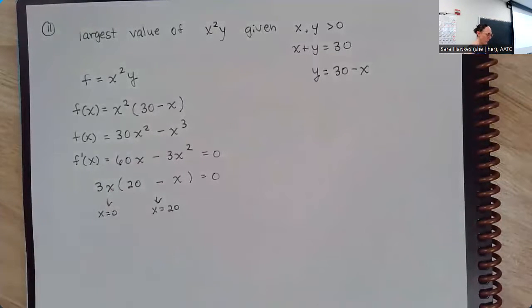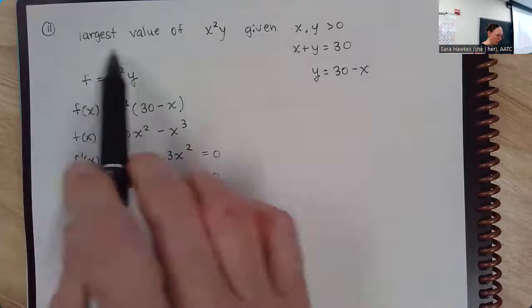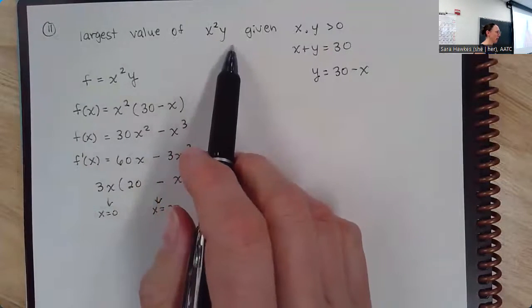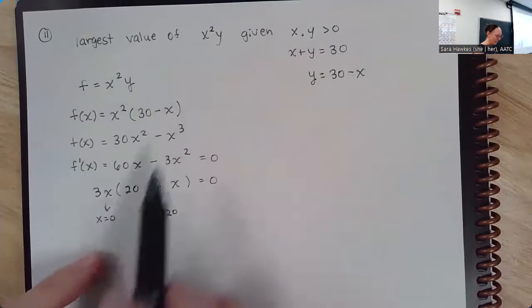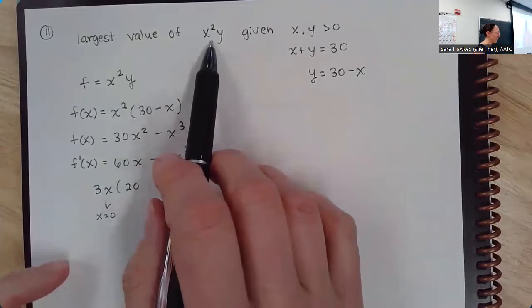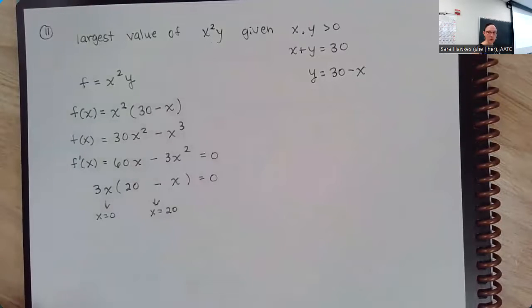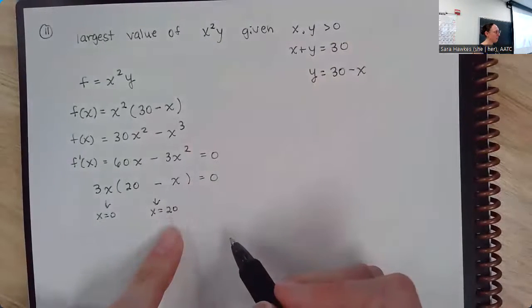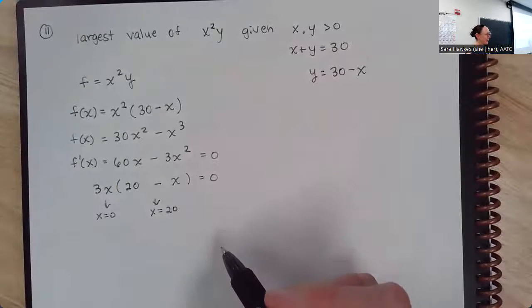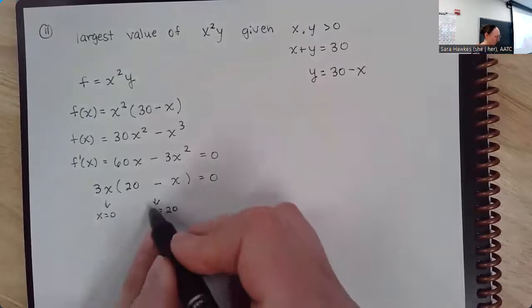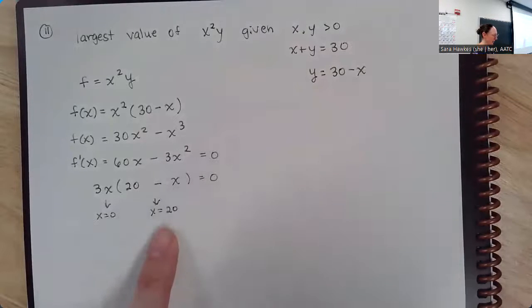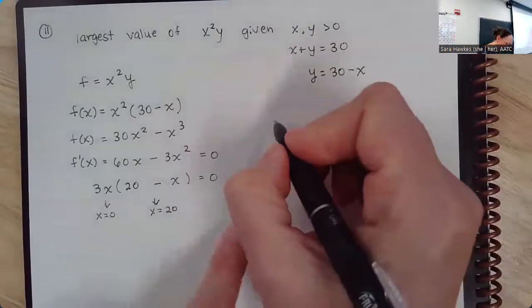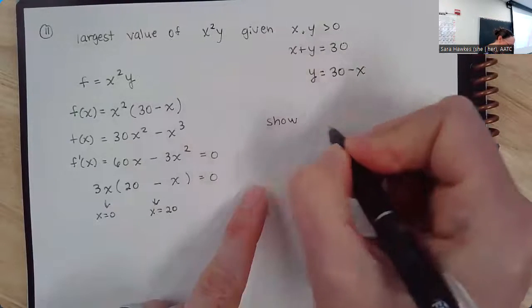But I already know that x equals 0 is a terrible choice because I was looking for the largest value of x squared times y, and I'm going to get 0 if x is 0. So that's a poor choice. It's probably 20, but for completeness, we could use the second derivative test to show that x equals 20 is the maximum.